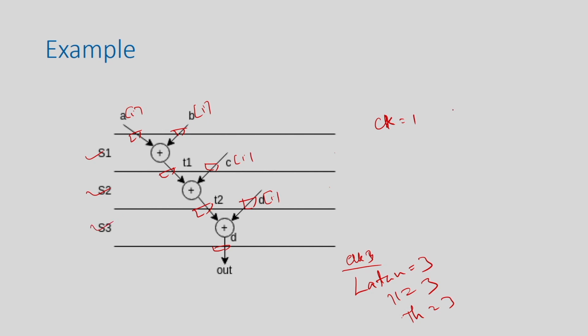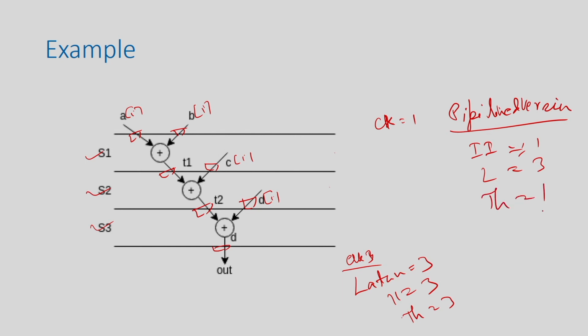So for the pipelined version, the initiation interval is 1, and the latency is still 3, because for every set of data you need 3 cycles to get the output, but your throughput will be 1. This is how we calculate these values, and these are the important parameters in the context of loop execution.